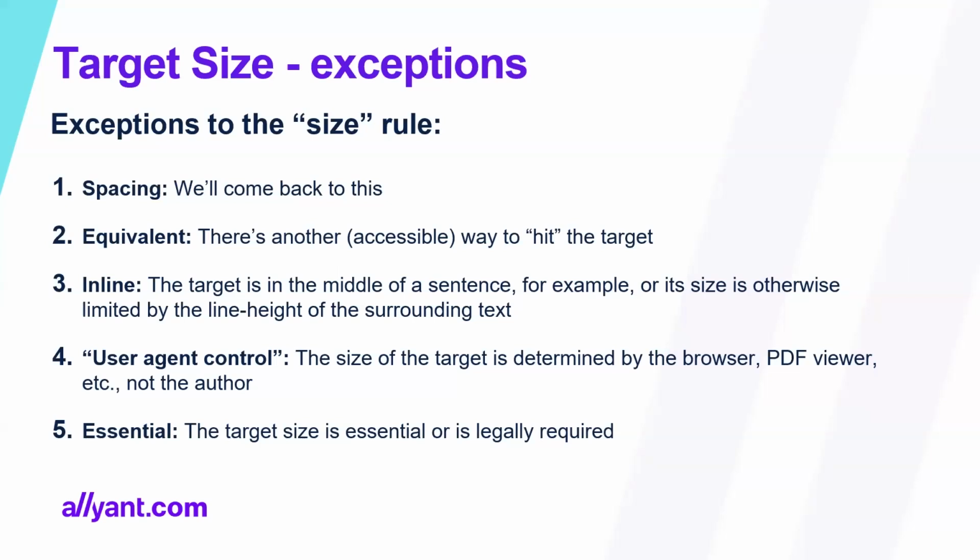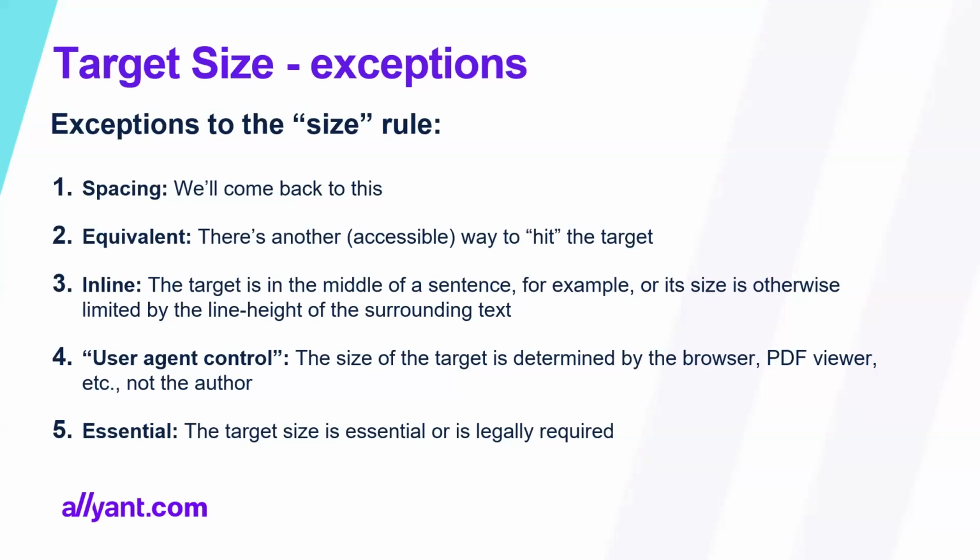Another exception is labeled equivalent, right, on the W3C webpage. But if there's another accessible way to hit the target, then you may be exempt from the target size requirement, right?